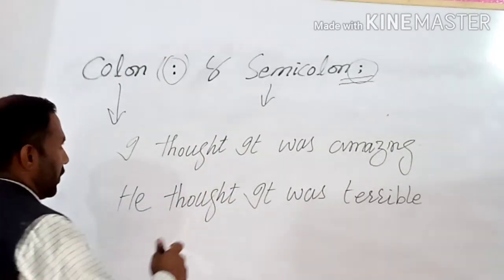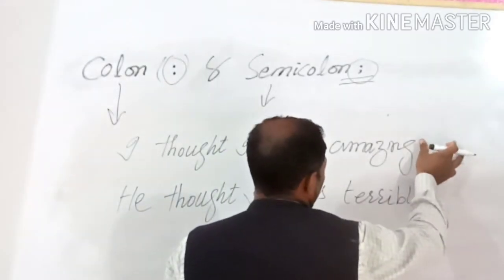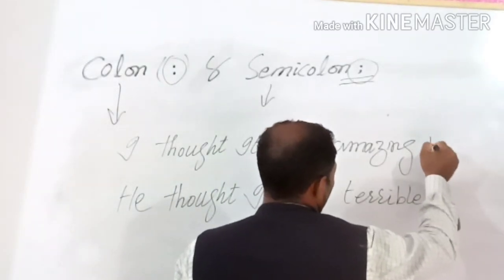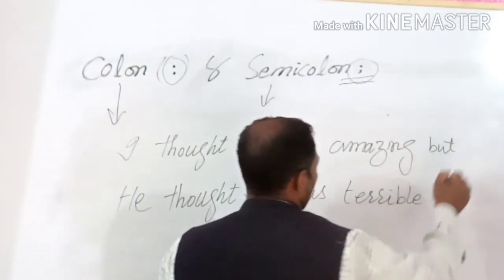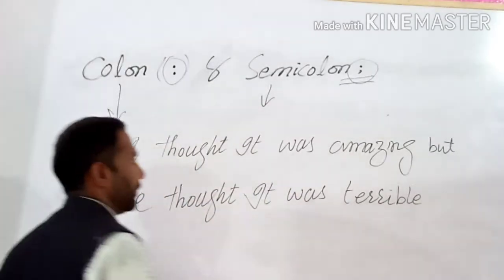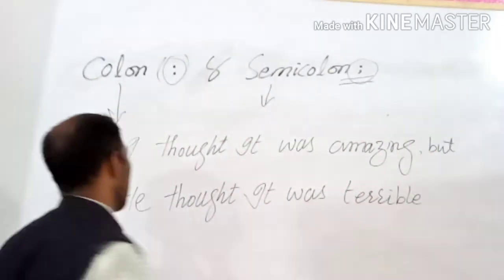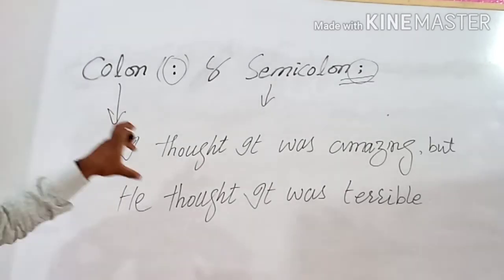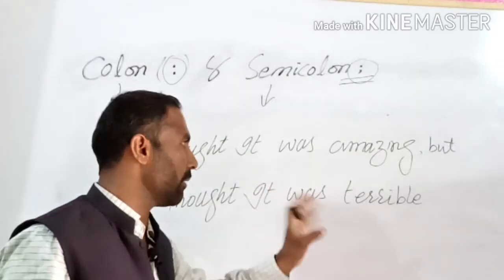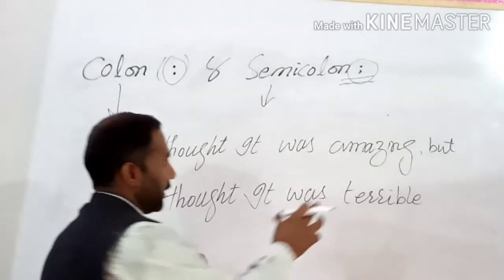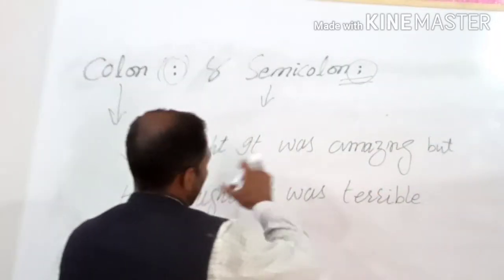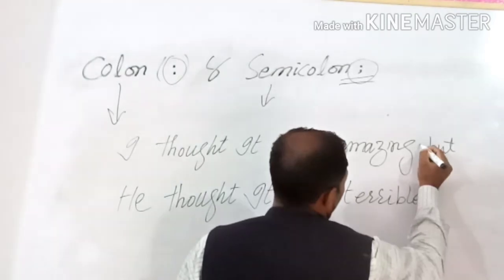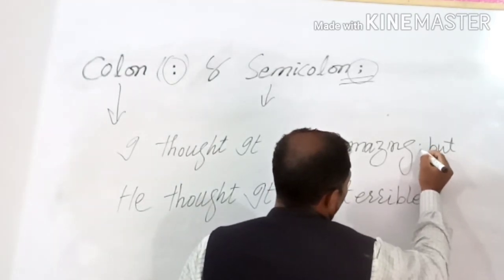Here we can use but after removing this period, this full stop. But we can also connect these two sentences by using a semicolon. For example, I thought it was amazing; then we would use the semicolon.